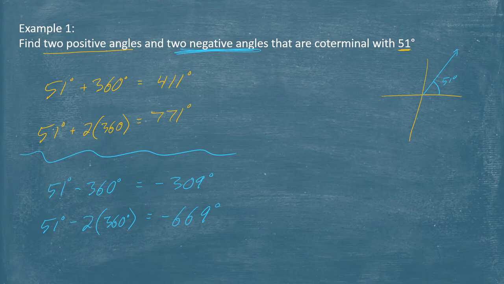We could even be ridiculous with this specific question. I could say an answer like 51 plus 20 times 360, whatever that resulted in on a calculator, that technically would still be considered one of the coterminal angles for the 51 degrees because it was some multiple of 360 away.